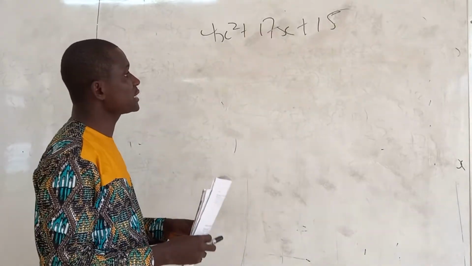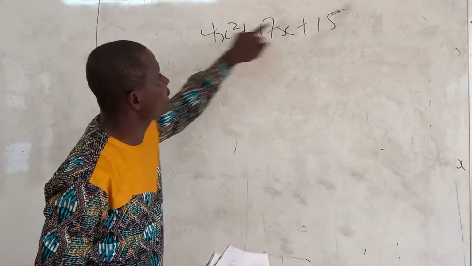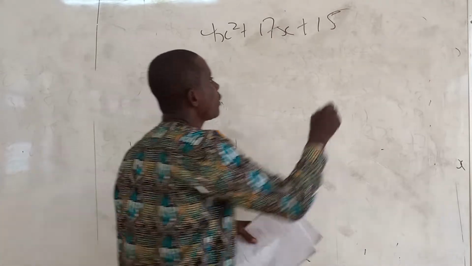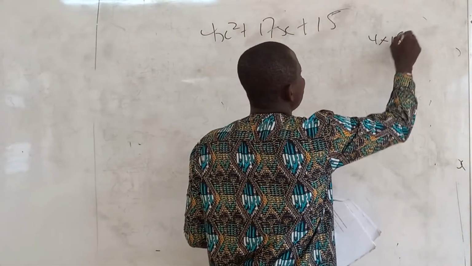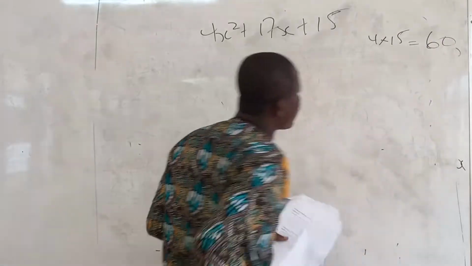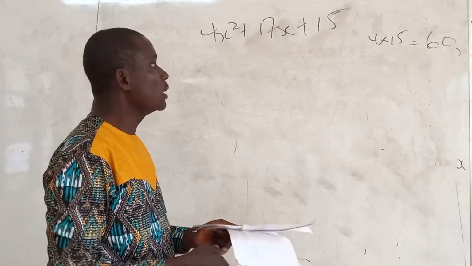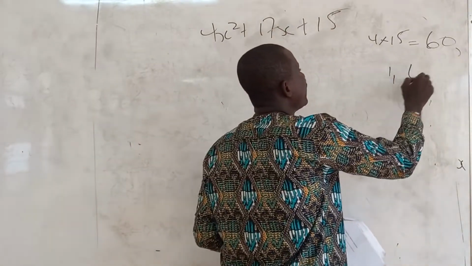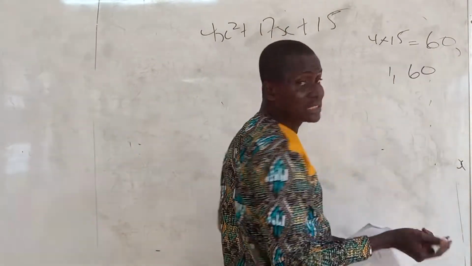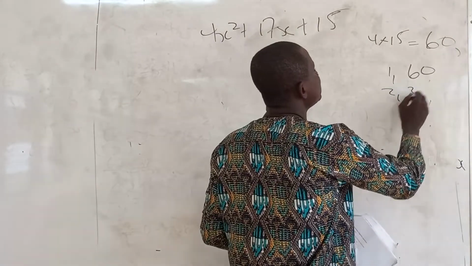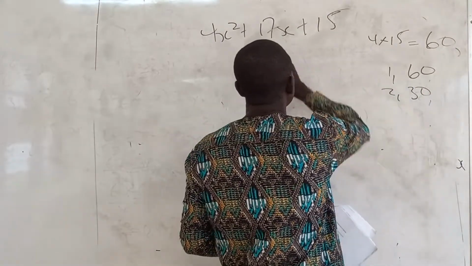So once again, what do we do? Now that we've gotten the understanding, we multiply this by that. That is 4 by what? By 15. And we get our 60. Is that okay? So we begin to list our factors of 60. Here, you have 1 and 60, which will not give us 17 in any way. 2 and 30: when we add, we get 32, no 32 here.